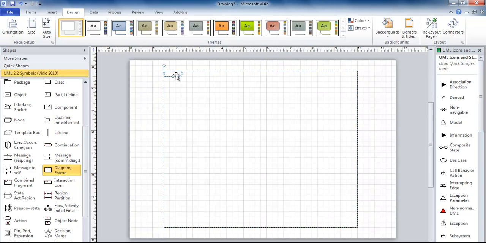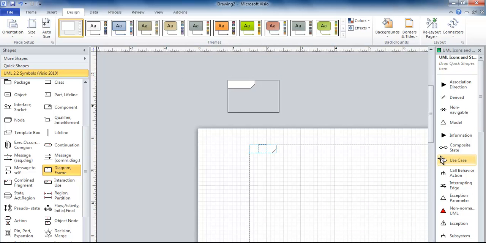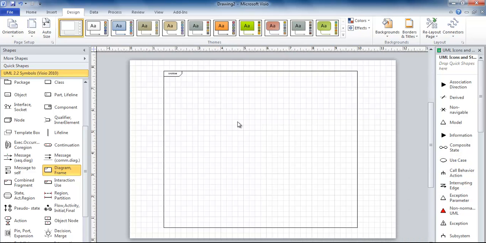By double clicking here, you can type a system name. And you will see that we have a system. You could type any name, whatever you want.